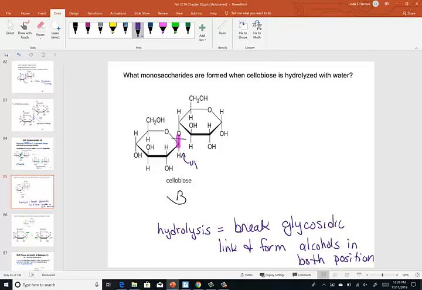Notice this is pointing up, so at carbon number 1, as you continue to draw that, let me make that neater. As you continue to draw carbon 1 right here, the alcohol will be pointing up because it's a beta alcohol.